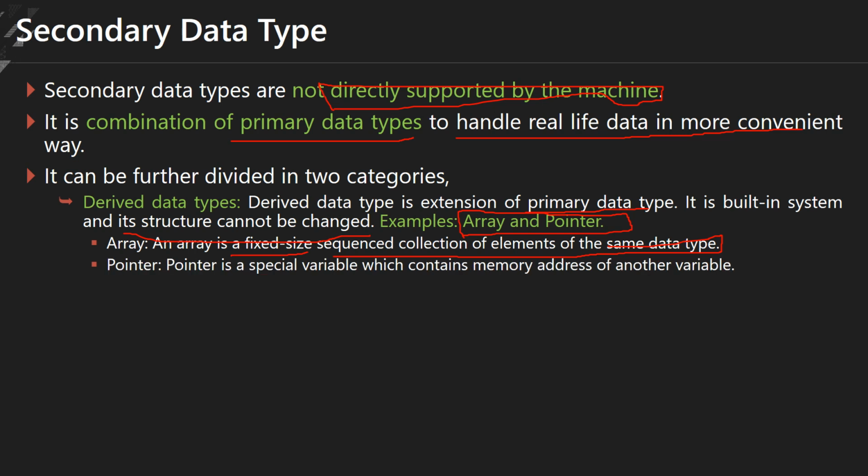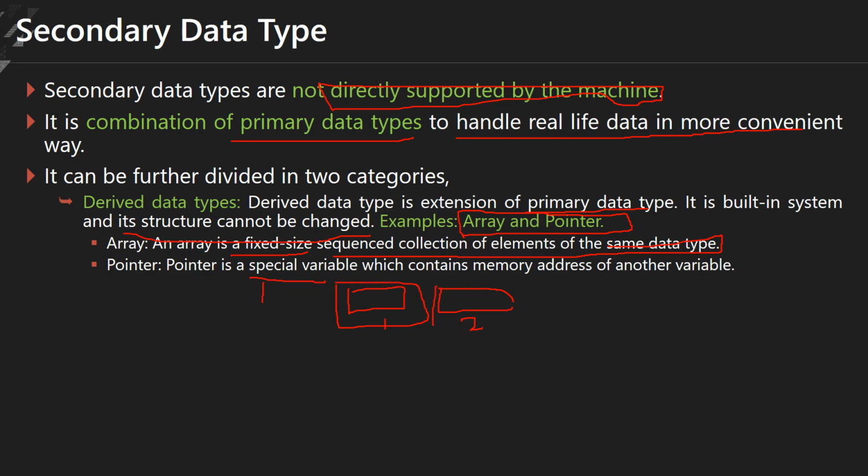A pointer is a special variable which contains the address of another variable. One variable has some address, and another variable has some address.